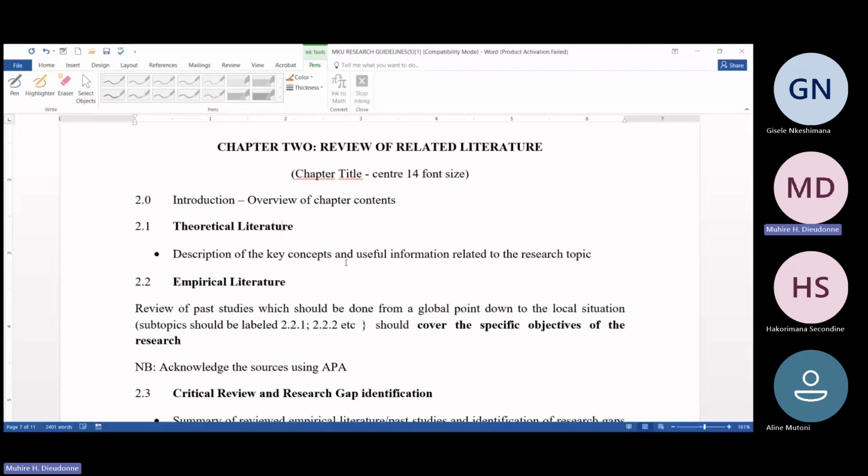You explain the causes, the treatment, and also you tackle your objectives so that it will be clear.